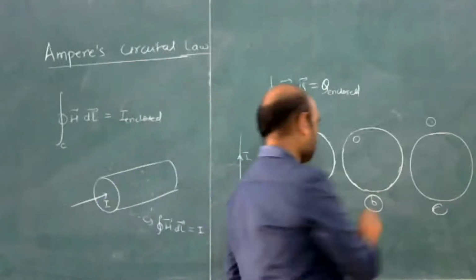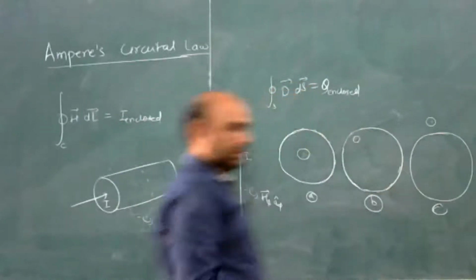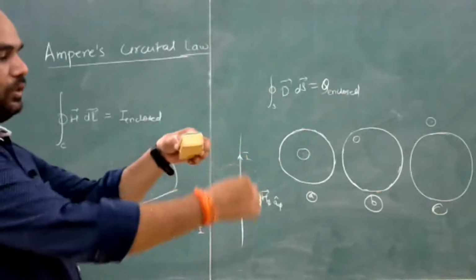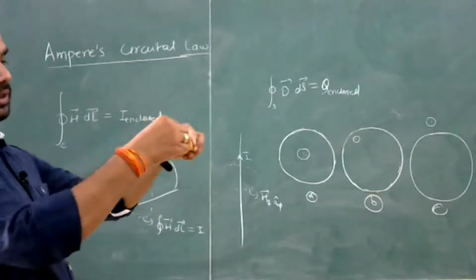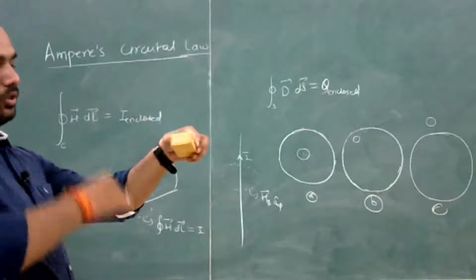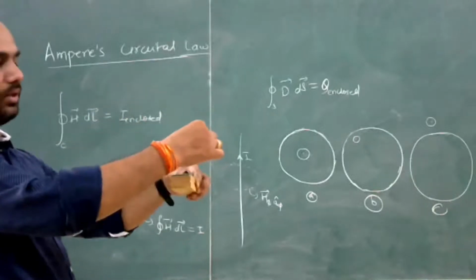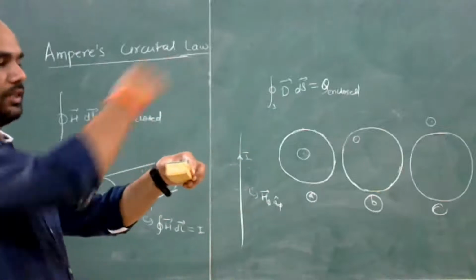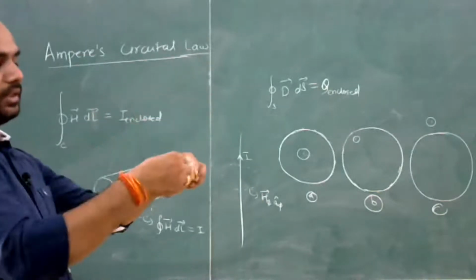In figure B, we take H dot dl with the conductor not in the middle.